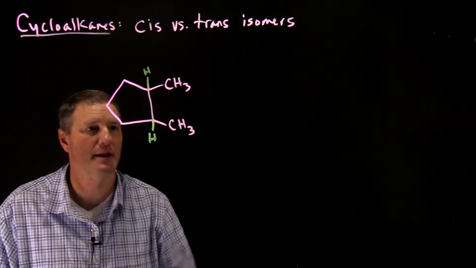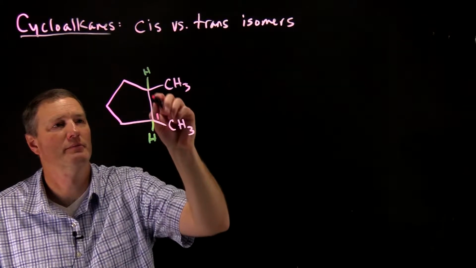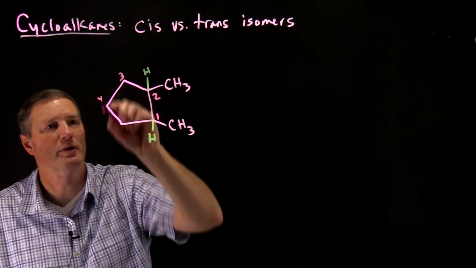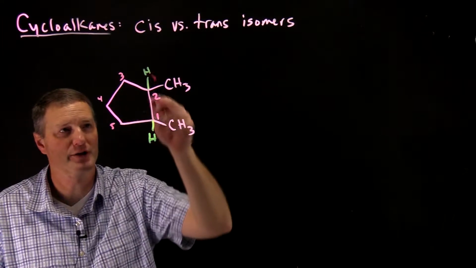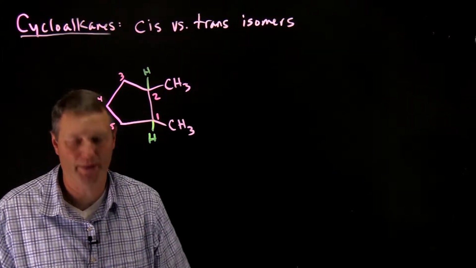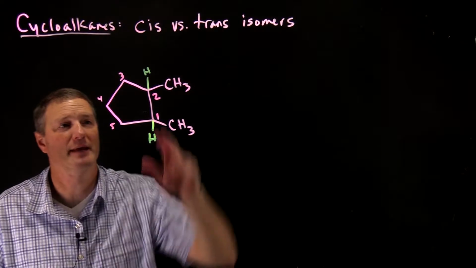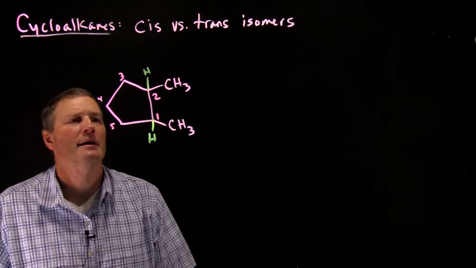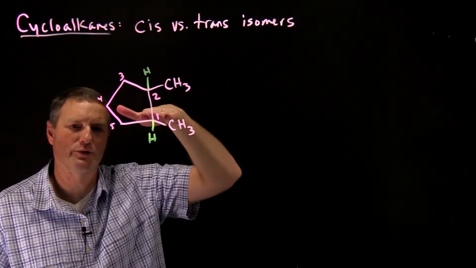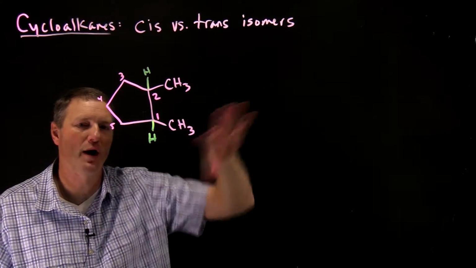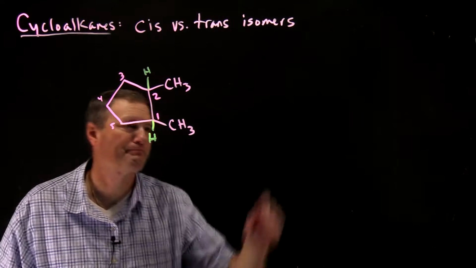And let me just number the carbons 1, 2, 3, 4, 5. That's arbitrary, I could have gone the other direction. The key is both of the carbons with the methyl groups coming off would have to be either numbered 1 or 2. So what I'm going to do is tilt this molecule so that it's more facing you and draw it in a more three-dimensional way.